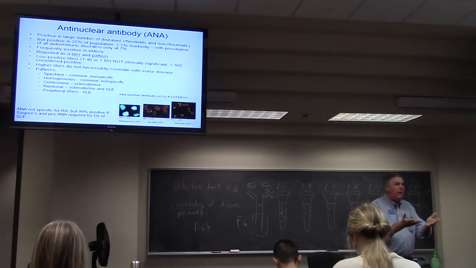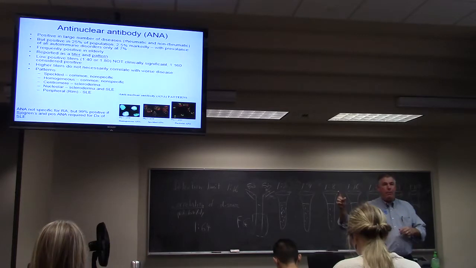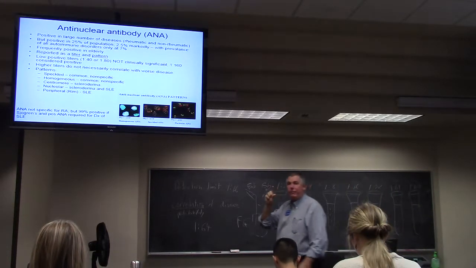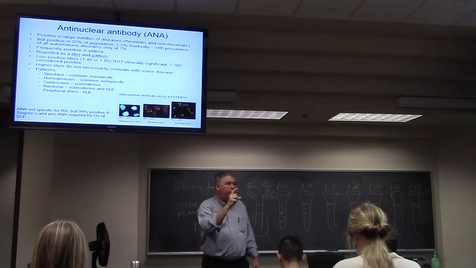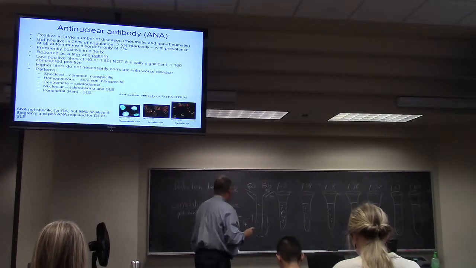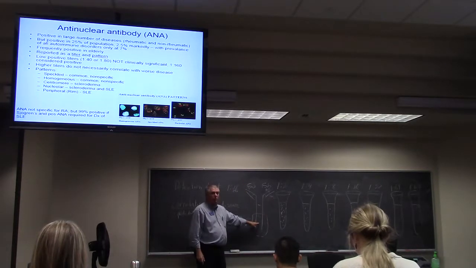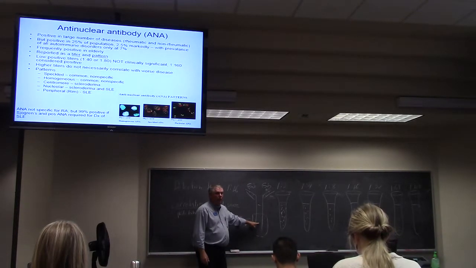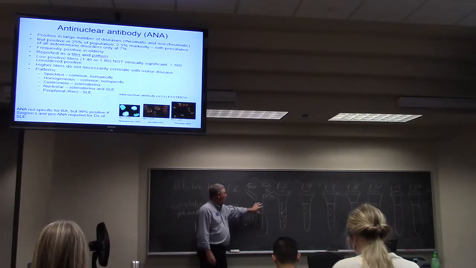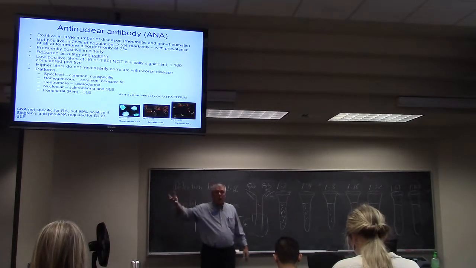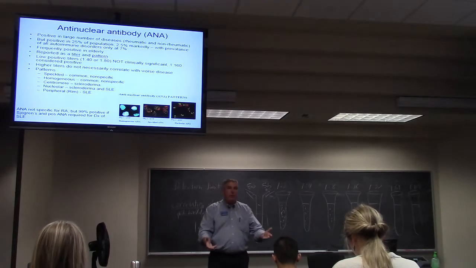And then they take another antibody that's tagged with a fluorescent marker. That second antibody is directed against the Fc portion of human antibodies, IgG. So wherever your pathologic antibodies attach, it will light up. You understand what I mean?